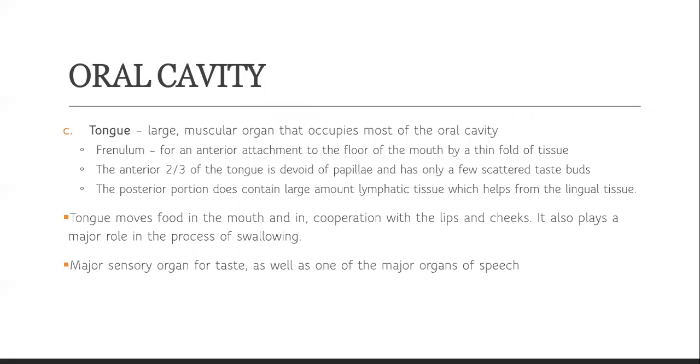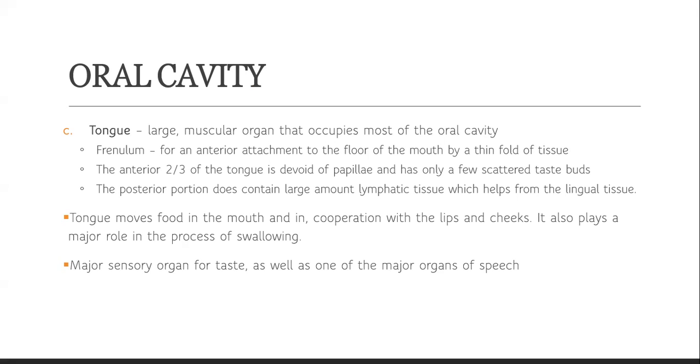Then we also have the tongue. It is a large muscular organ that occupies most of our oral cavity. It has a frenulum, which is an anterior attachment to the floor of the mouth by a thin fold of tissue. The anterior two-thirds of the tongue is devoid of papillae and has only a few scattered taste buds, while the posterior portion does contain a large amount of lymphatic tissue, which forms the lingual tonsil.